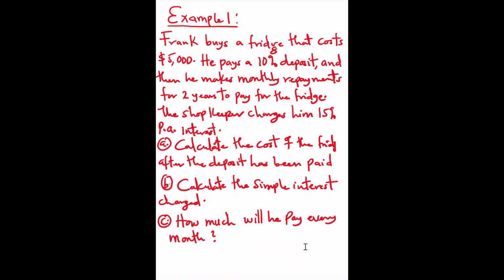So for A, when they say calculate the cost of the fridge after the deposit has been paid, we are asked to find the principal. So I'm going to clean my screen and then break it down.